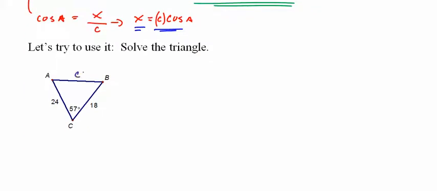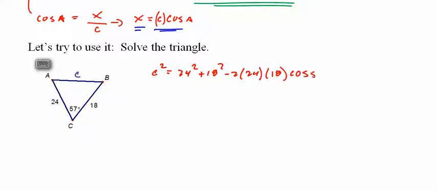So we'll call this c. And we'll go with c over sine of, no, that's law of sines. What am I thinking? C squared equals 24 squared plus 18 squared minus 2 times 24 times 18 times cosine of 57 degrees. Take square root of both sides. C equals that.